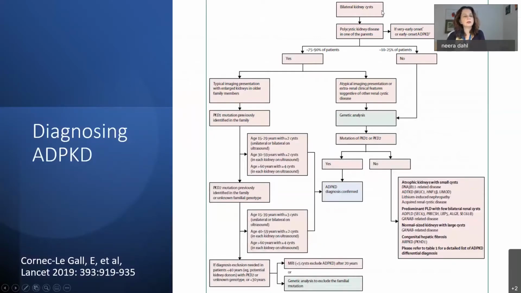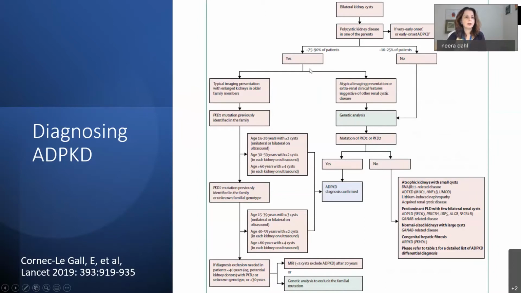So when we are diagnosing ADPKD in the clinic, we first look and see, is this someone who has bilateral kidney cysts? And if the answer is yes, then we look at the family history next. If there is a family history and the person has typical imaging for their age, which is a certain number of cysts in either one or both kidneys, depending on the age, then we're confident in making that diagnosis of PKD.